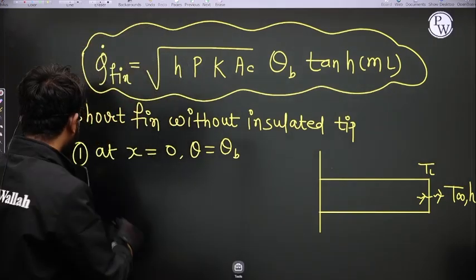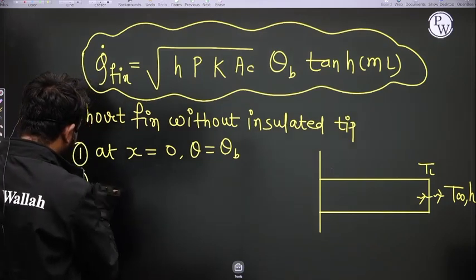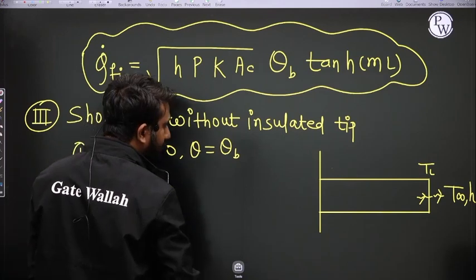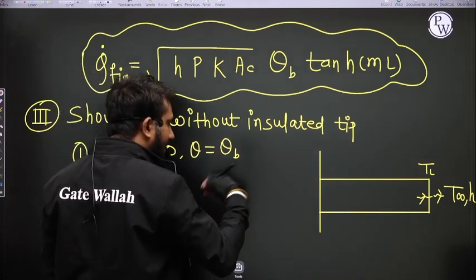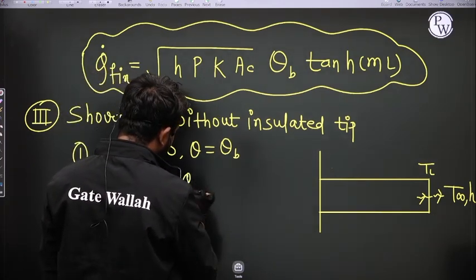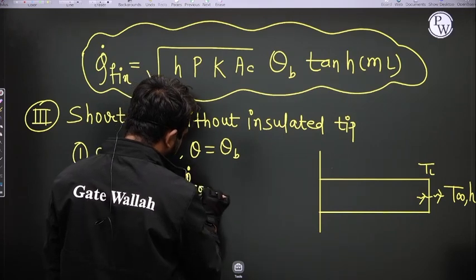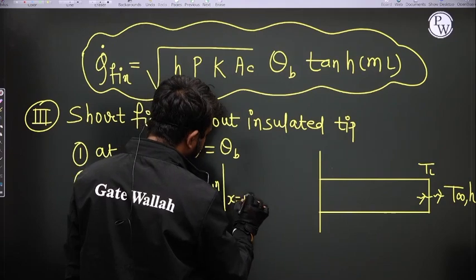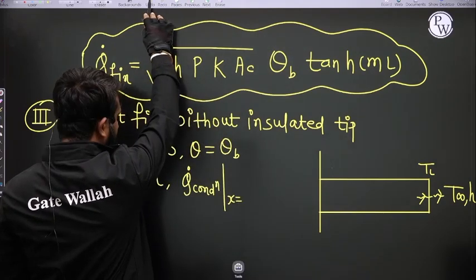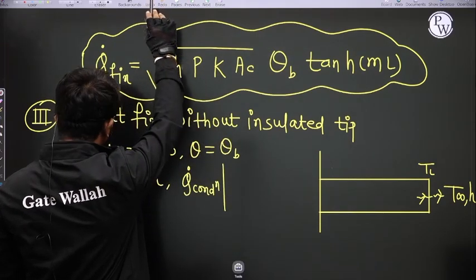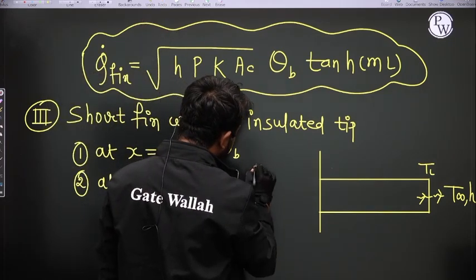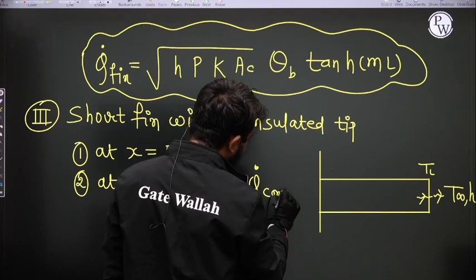Right. So see, the second boundary condition is at x is equal to L: the rate of conduction heat transfer is equal to the rate of convection heat transfer.